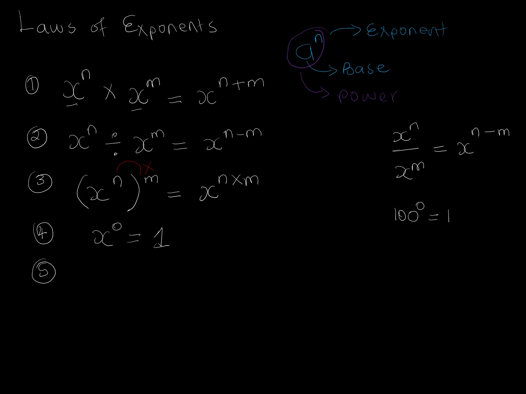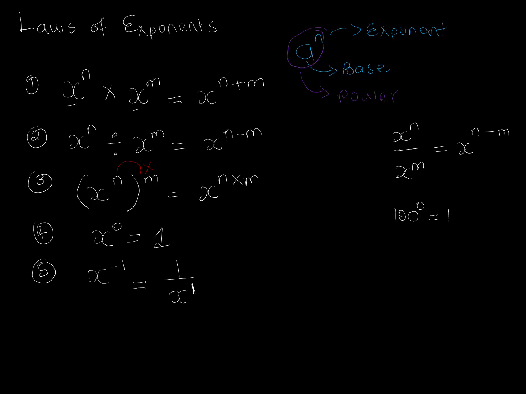Law number 5 has to do with negative exponents, because you can't leave your answer as a negative exponent. So if it's like this, we need to say this is 1 over everything that you have without the negative sign. So this will be x, then you put the 1 on top without the sign.